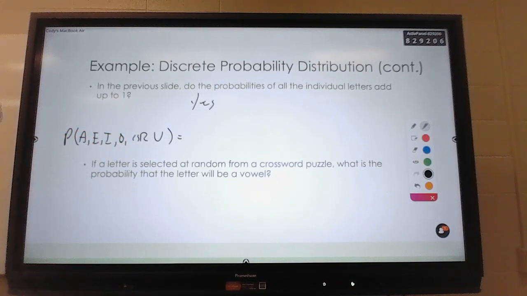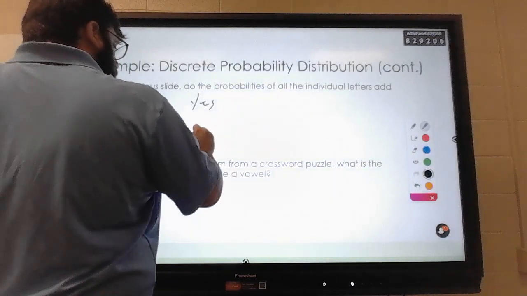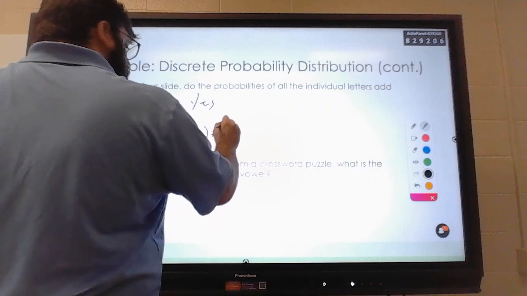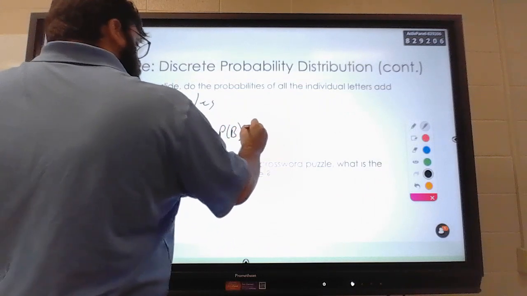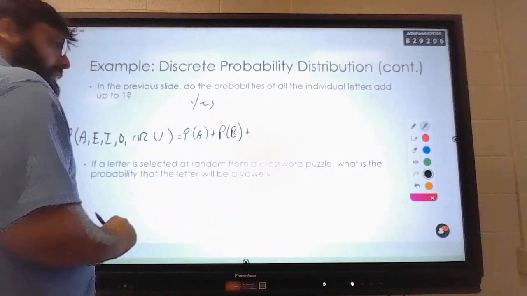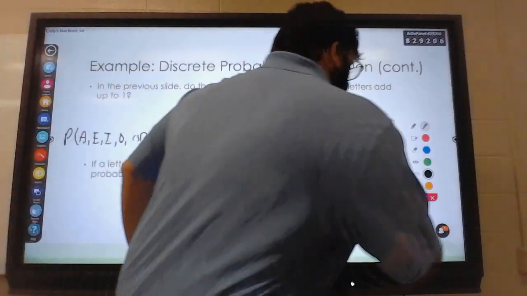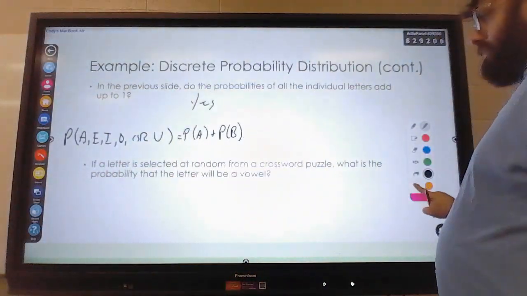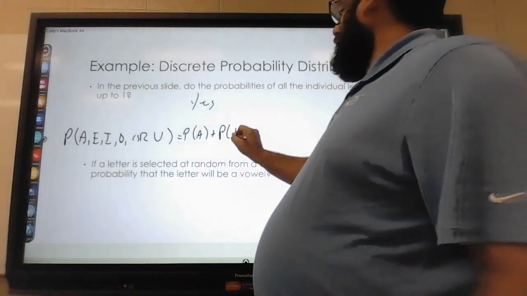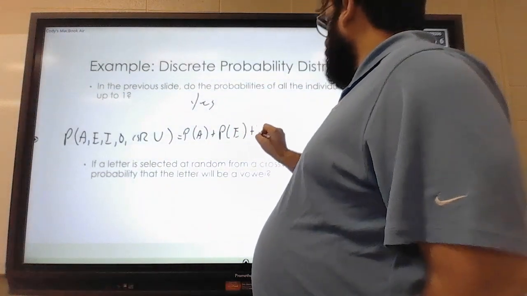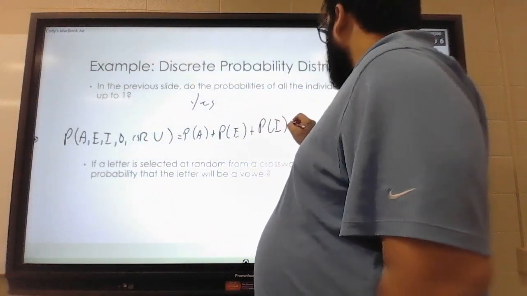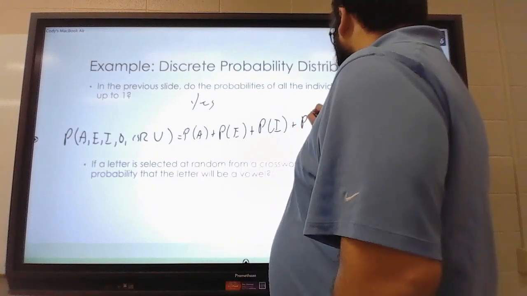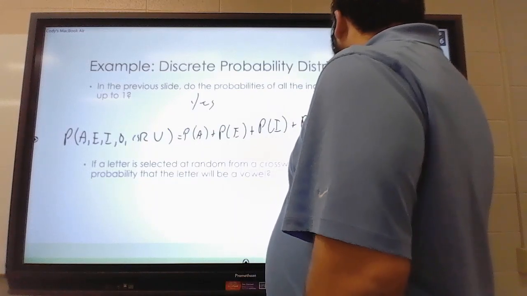Because they're mutually exclusive, I need to find the probability of each one of these events. So the probability of A plus the probability of E plus the probability of I plus the probability of O plus the probability of U.